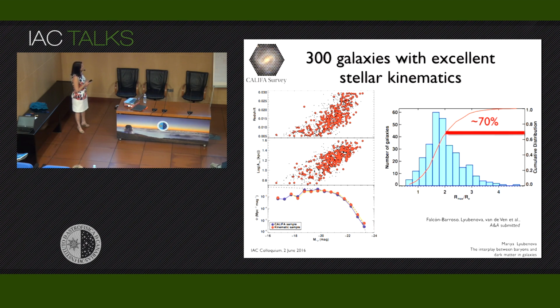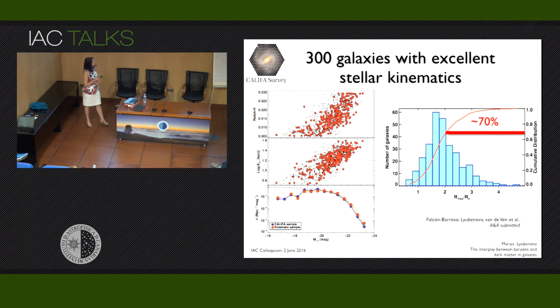With dark points we have the original CALIFA sample, and with red points the kinematics 300 sample, and you see that it is in all respects similar to the previous one. So we consider our 300 galaxy subsample statistically well defined, with a similar luminosity function to the CALIFA mother sample.